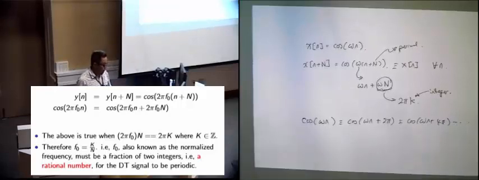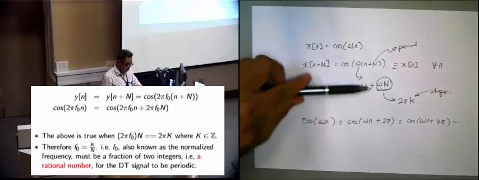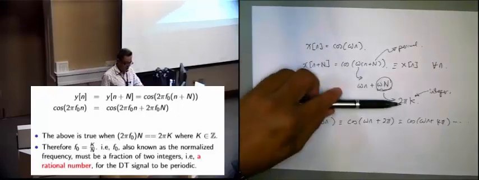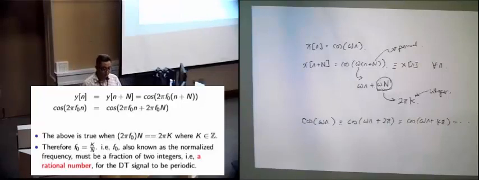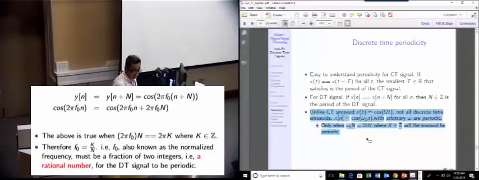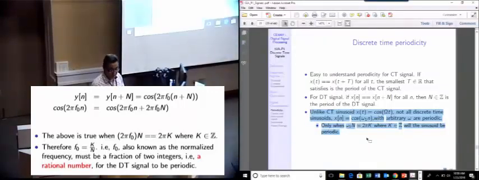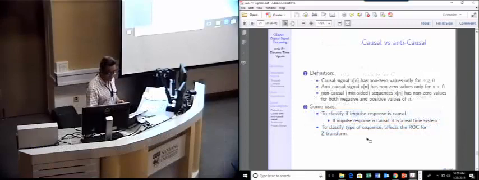And this is what we are trying to figure out. Is there a small omega times big N equal to 2 pi k such that this whole condition is true? All right? So this is always an interesting question that we ask the student: given an equation, prove whether this signal is periodic or not periodic. We've just done that.